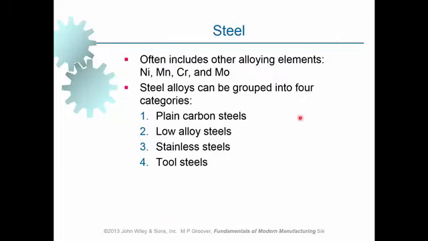And in this slide here, we can see classification of steels into 4 different categories, and those are plain carbon steels when the main participating elements are iron and also carbon, and there is no or very small amount of other elements like nickel, magnesium, chromium, and some other ones.